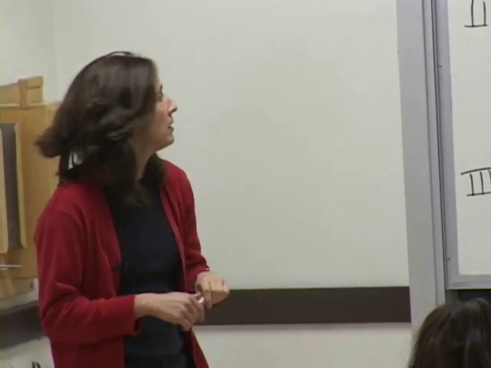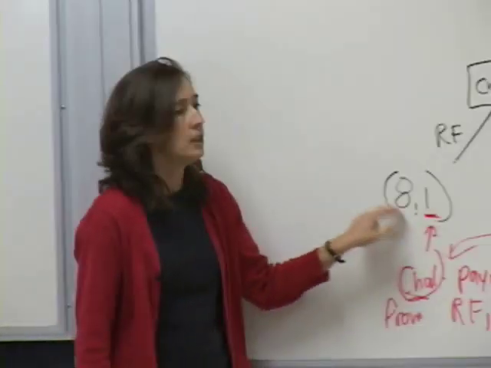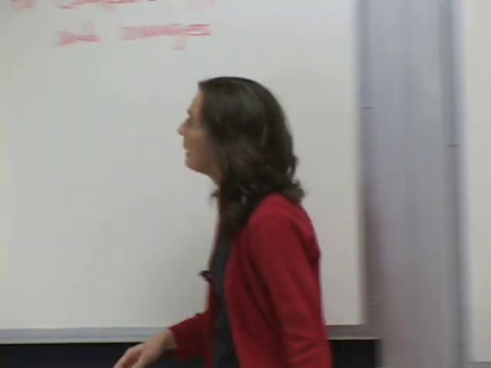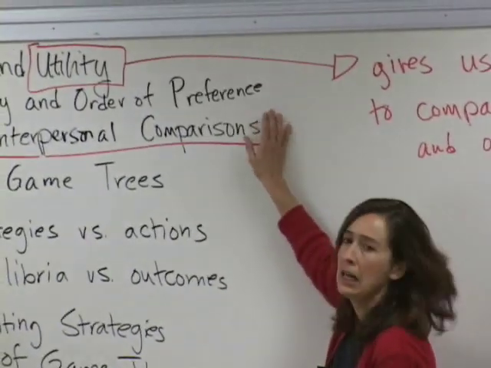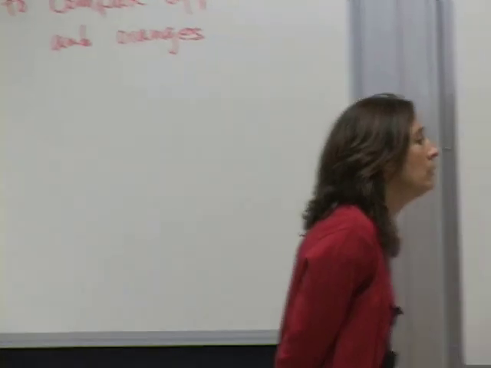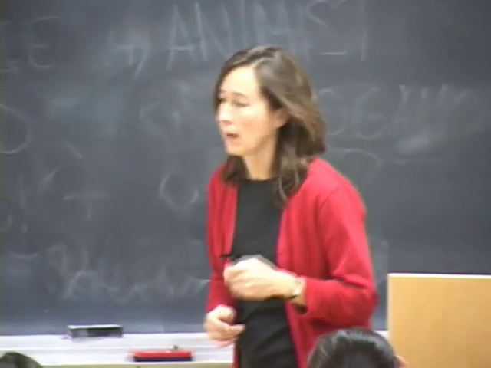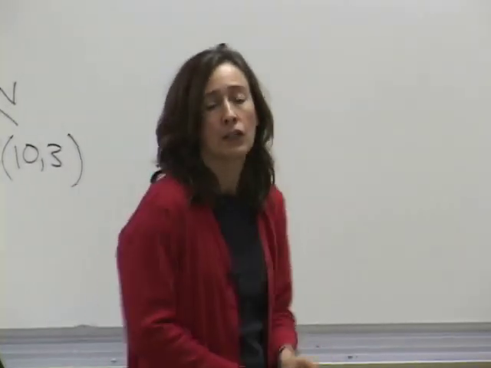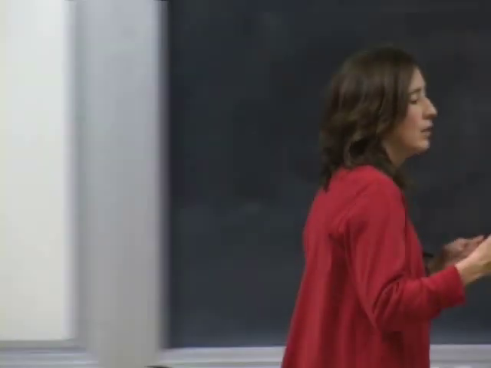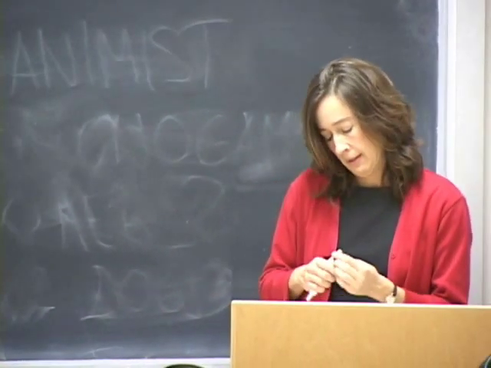The other thing I wanted to say about utilities, about these payoff numbers, is that I was gliding over them a little bit quickly on Tuesday, and something that I said is that the numbers represent the order of preference. I think I very glibly said what you get from the utility number is high number good, low number bad. And that's true.